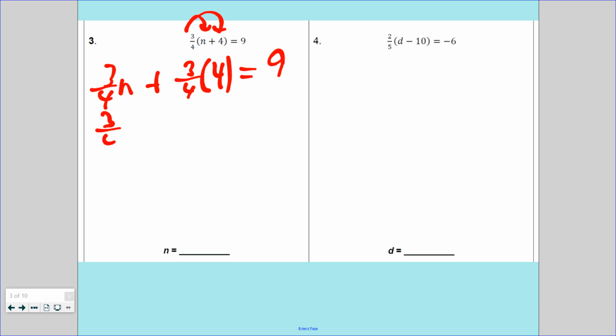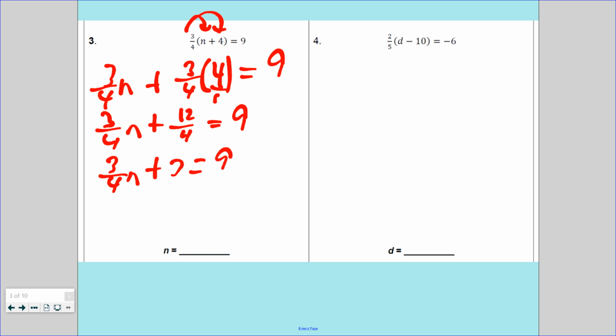What is 3/4 times 4? How can you rewrite 4 as a fraction? 4 over 1. So what's 3 times 4? 12 fourths equals 9. Let's simplify this. What's 12/4? How many 4s go in 12? 3. So 3/4 n plus 3 equals 9.